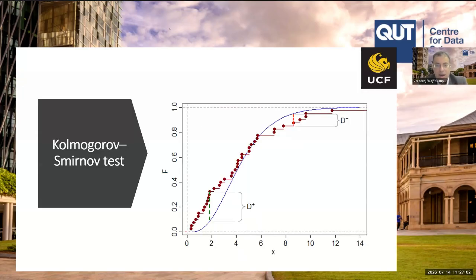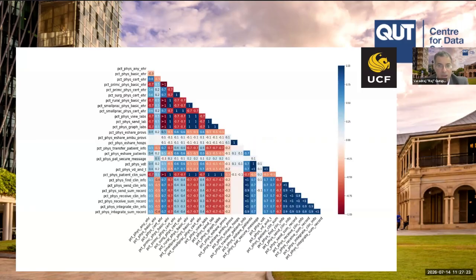Then we did a Kolmogorov-Smirnov test to figure out the distance between the prediction and the actual data of incompleteness. As you know, AI systems are dependent on predictability. So we did that. Here's a very interesting graph.